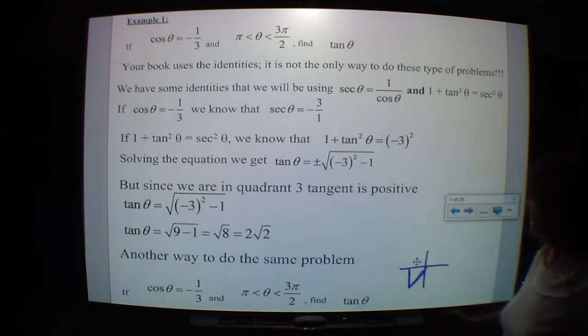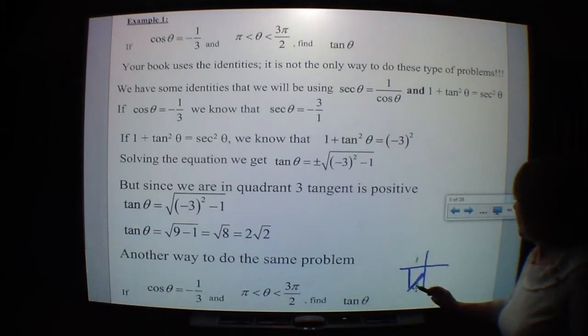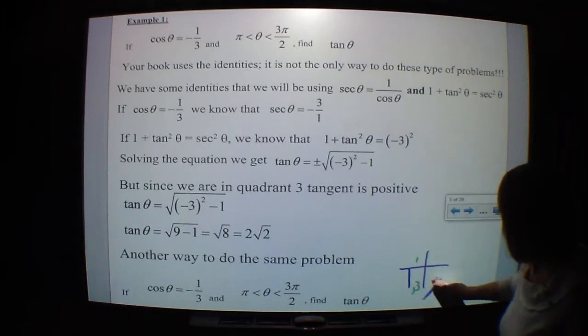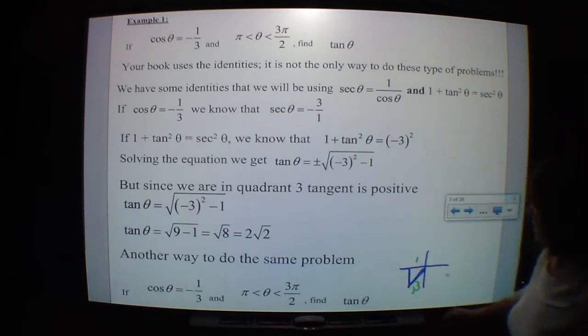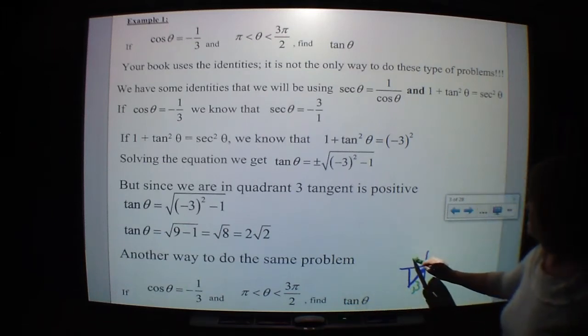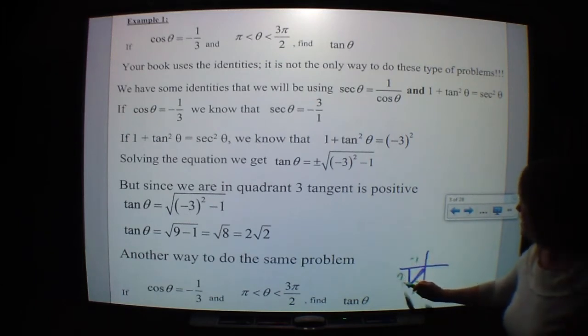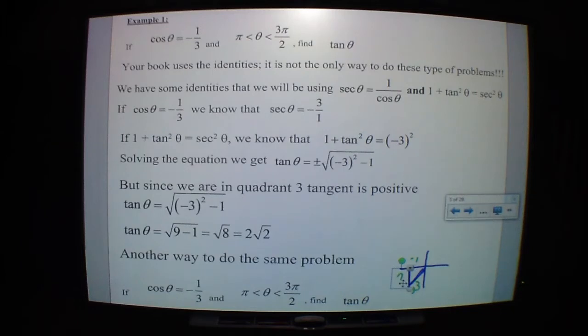Cosine is adjacent over hypotenuse. The adjacent side is my negative. You can find this missing side by a squared plus b squared equals c squared.